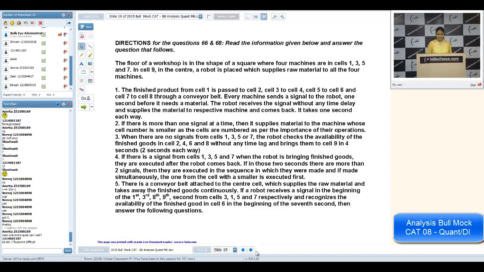Any problem in this? Hitesh, you follow the directions one by one. I think it is explained in the explanation part very beautifully. You can read that. It was easy actually, but I'll rate it as moderate.